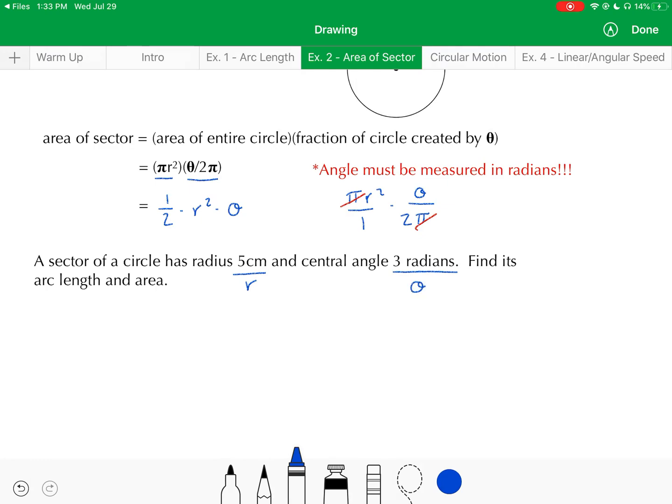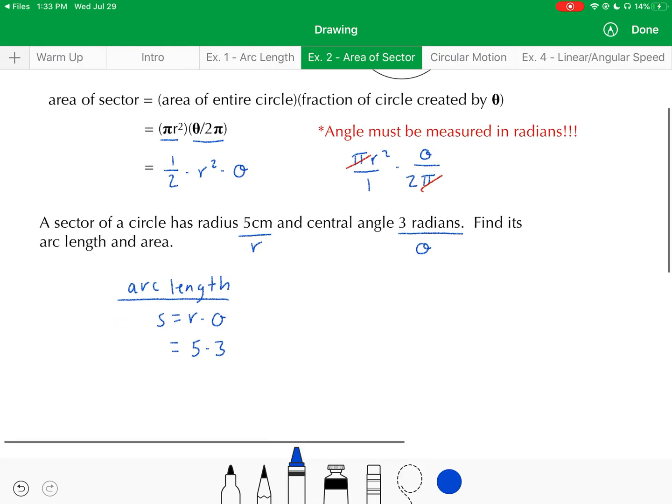And the nice thing about theta here is it's already in radians, okay? So let's find arc length. So utilizing S equals r times theta. r is 5 centimeters, theta is 3 radians. 5 times 3 is, of course, 15. And this is a length, so the units in this case need to be centimeters.